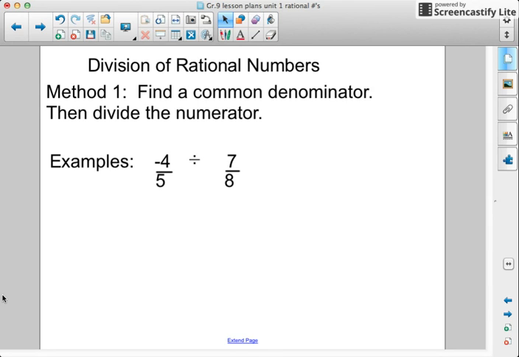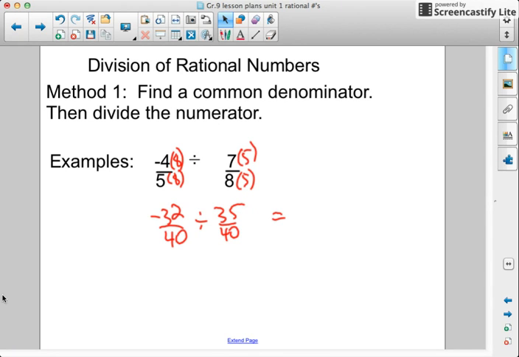So for example, if we make common denominators with 5 and 8, our common denominator would be 40. So I'm going to times this one by 8, this fraction by 5. I get negative 32 over 40 divided by 35 over 40.